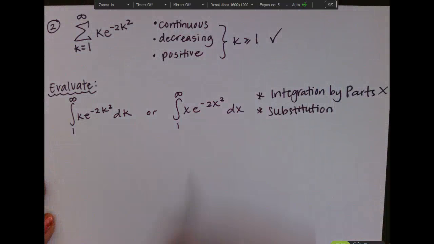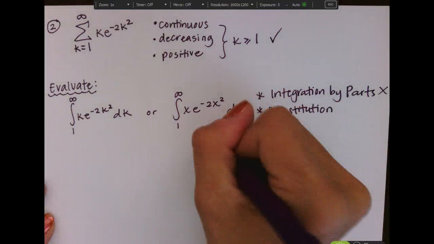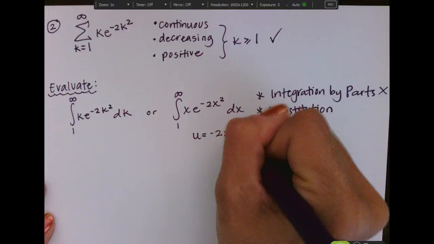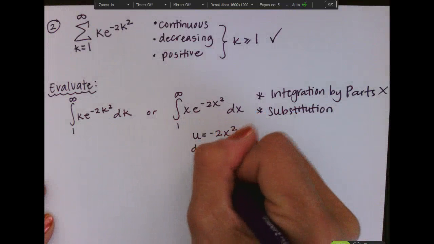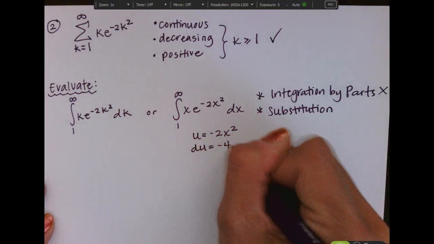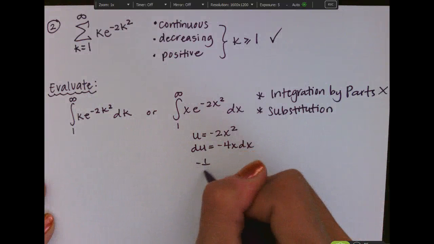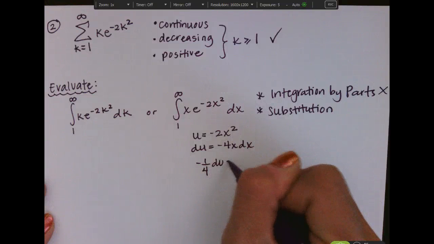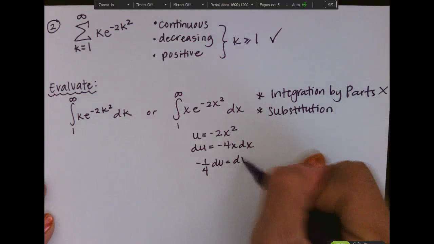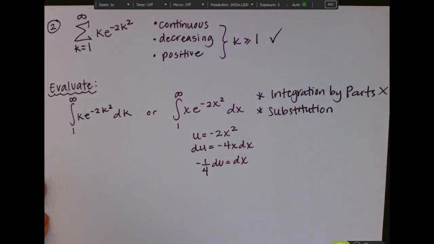So in terms of substitution, if we let u equal that exponent, negative 2x squared, then du is negative 4x dx, and we can compensate for that negative 4 that we don't want by dividing both sides by negative 4.